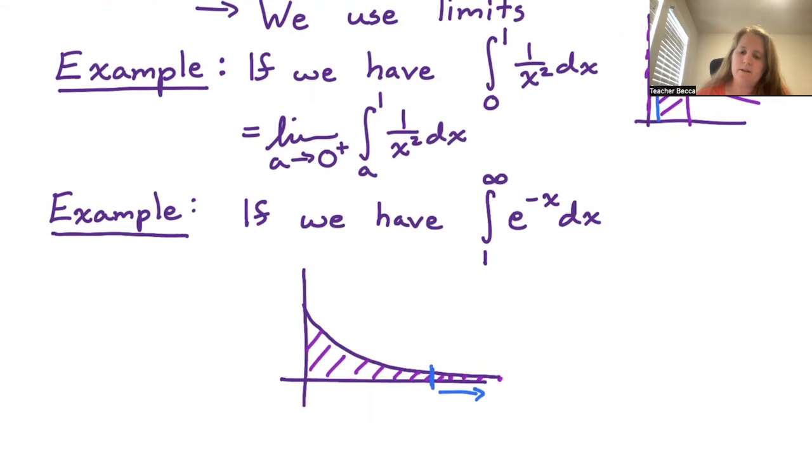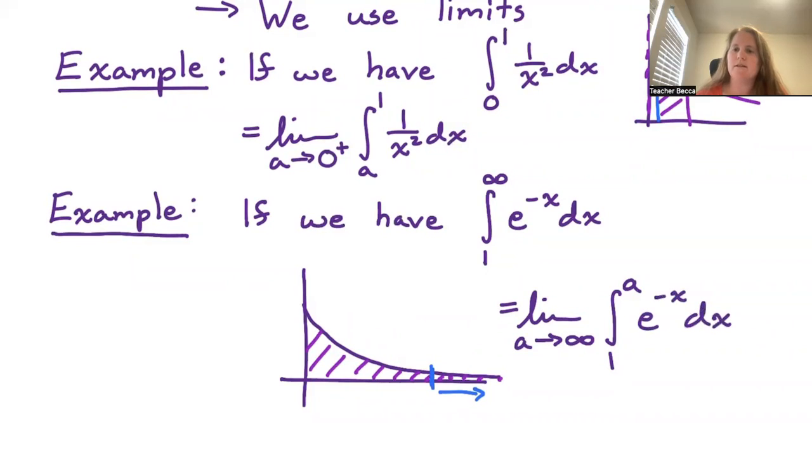So we will say this definite integral is the same thing as taking the limit as a goes to infinity of the definite integral from 1 to a of e to the negative x dx. So we just see what the definite integrals approach as our bound goes to infinity.